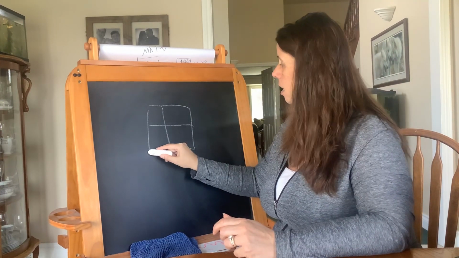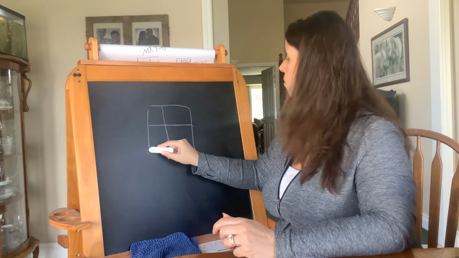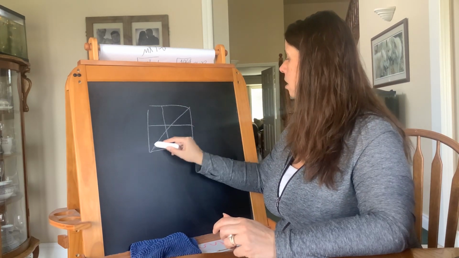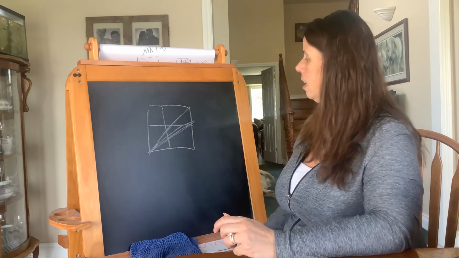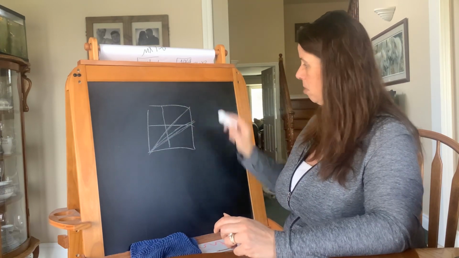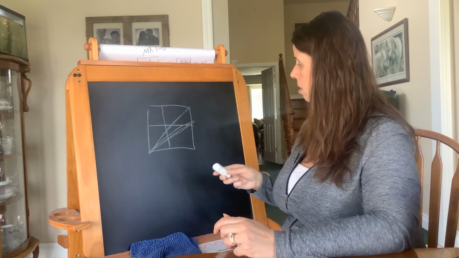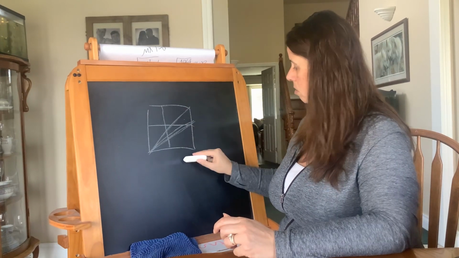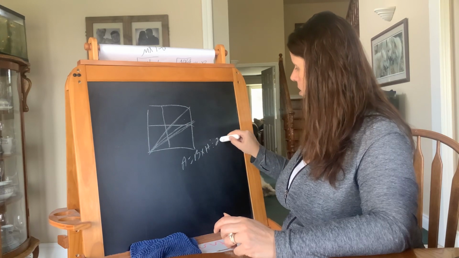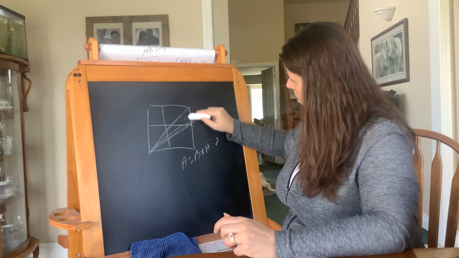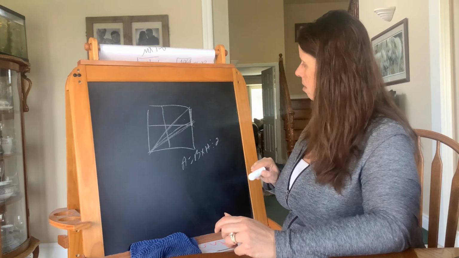Okay, now I've got a 2 by 2, right? And the triangle goes from here to there. Okay? Now, we know what the bottom number is going to be. How many blocks? Top number. Remember, this is a triangle, so its area is base times height divided by 2. Okay, how long is the base? Base of the triangle is right there.